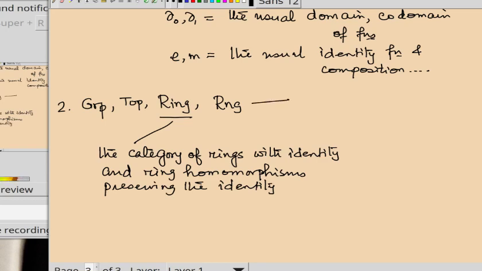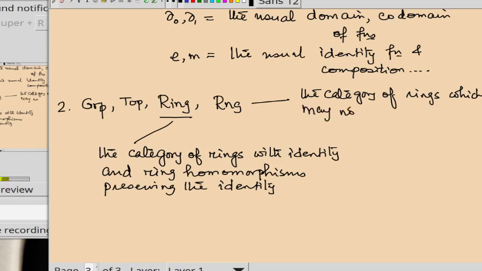While this is the category of rings which may not have an identity, and ring homomorphisms.